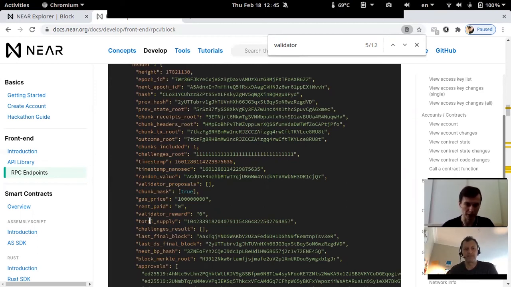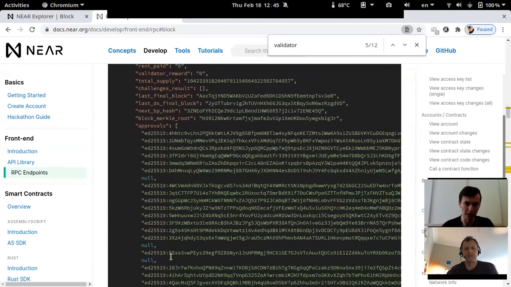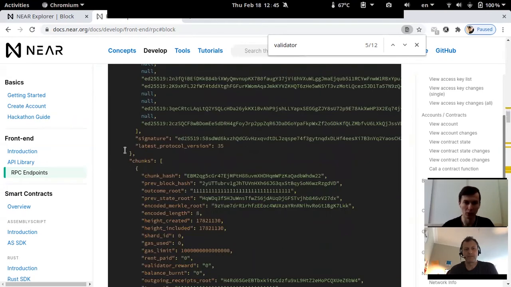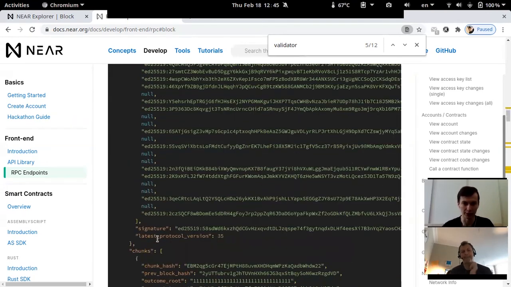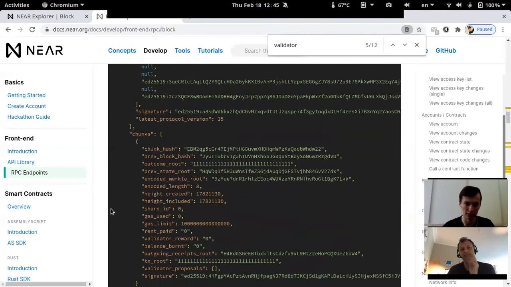Gas price is there. Overall, I wouldn't say that there is something that is missing. We could provide more advanced features just for the sake of blockchain developers themselves. But from the user perspective, I guess that's all that is really interesting.